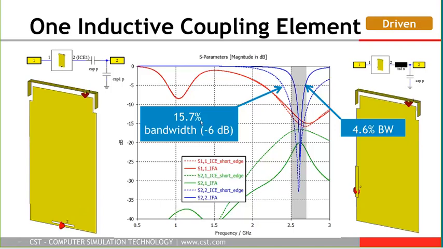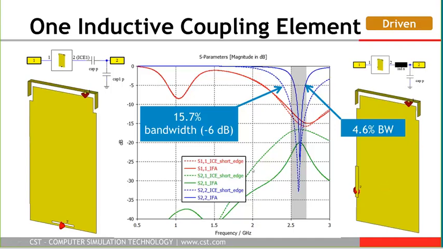You can clearly see that the bandwidth of the approach when you use CMA is much wider, actually more than 3 times wider than the IFA case. But you can also see that the coupling is a little bit worse than in the case of inverted F antenna.